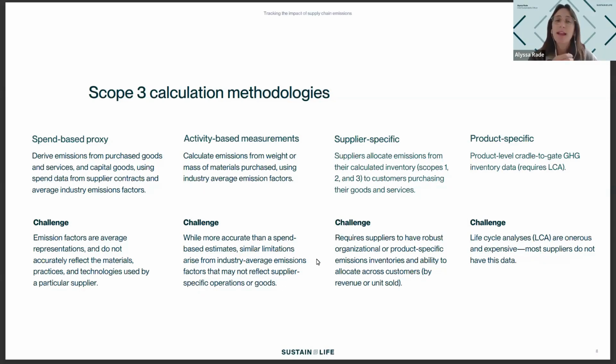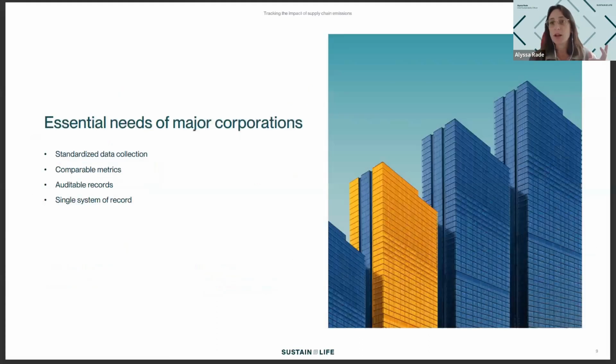So now let's move on and let's just think about when you're the company, the customers that are asking for this information, from their perspective. What are you really looking for, right? You're engaging with your supply chain and you're looking for standardized data collection, comparable metrics across suppliers to inform your buying and business decisions.